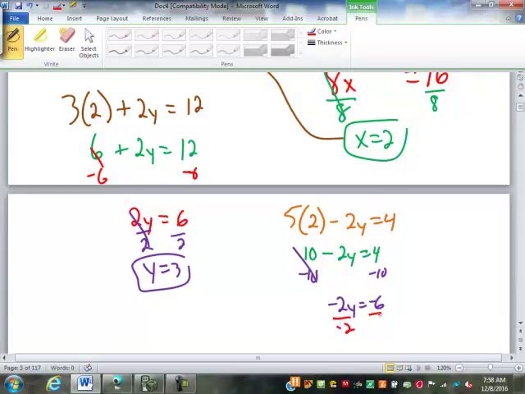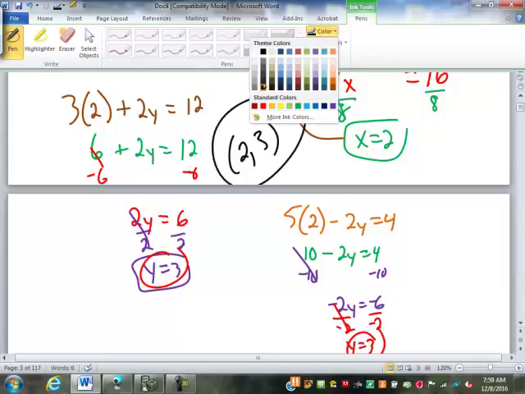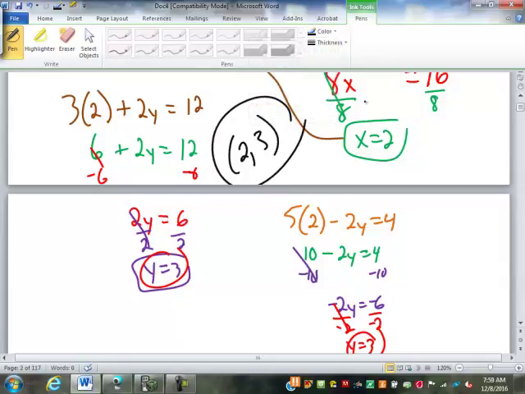Divide by negative 2. Y still equals 3. So my solution here, again, is x equals 2, y equals 3. Same solution we got with substitution. I think the elimination or addition method is a lot simpler to do in most cases than substitution. It's a lot less variable manipulation.